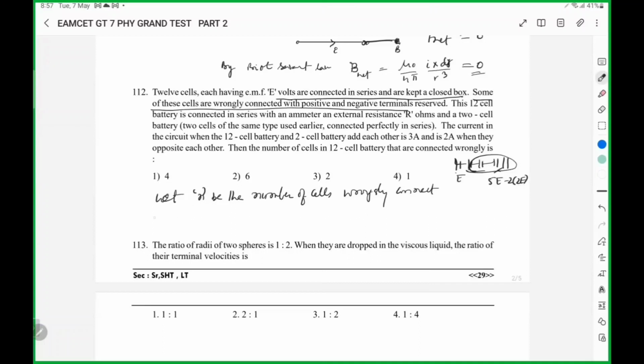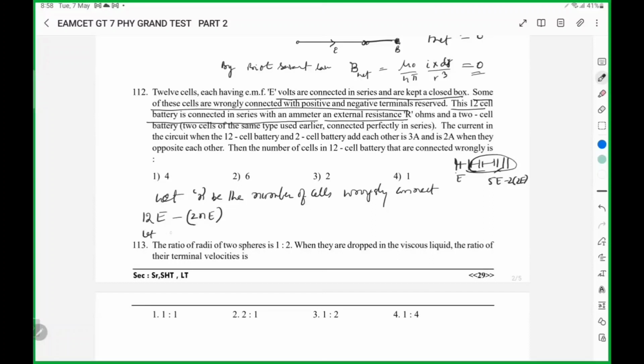So if n of them are connected wrongly, net EMF will be E minus 2n. Here it is 12E minus 2n in total. Net EMF is this. This 12 cell battery is connected in series with an ammeter and an external resistance.